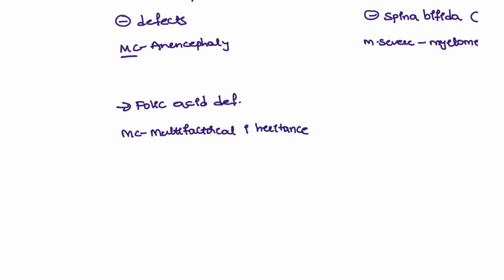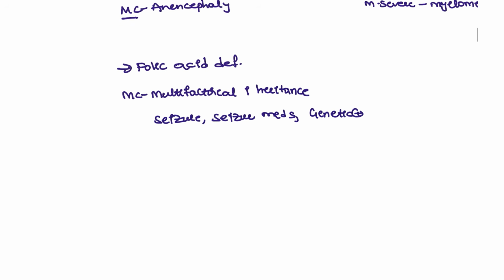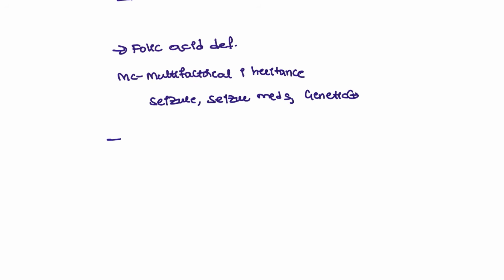Also, patients who are suffering from a seizure disorder and taking seizure medications, and patients with a genetic family inheritance, all of these also contribute to neural tube defects. So for folic acid, how much has to be given to these patients? Normal individuals who want to conceive are given it 1 month prior and for 3 months of the pregnancy.